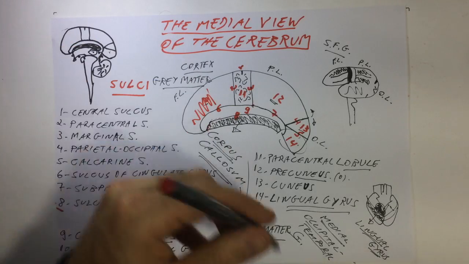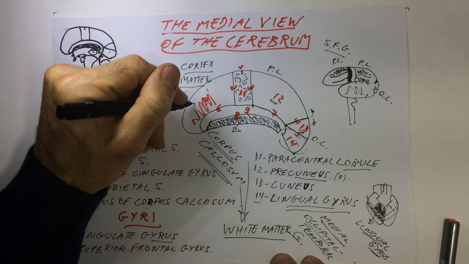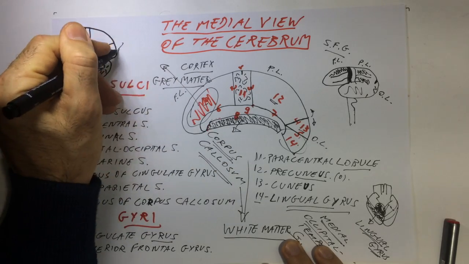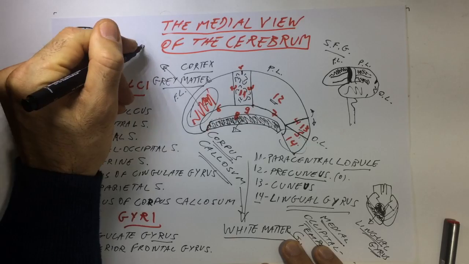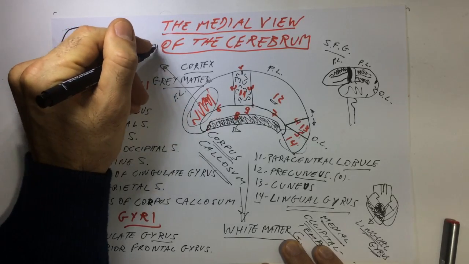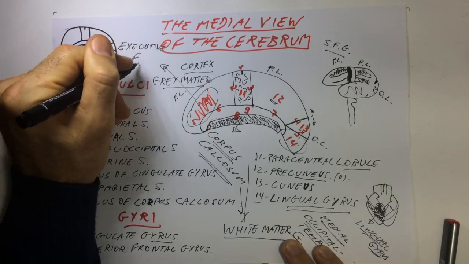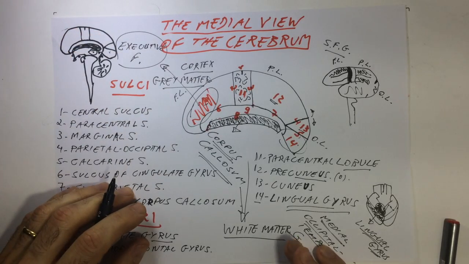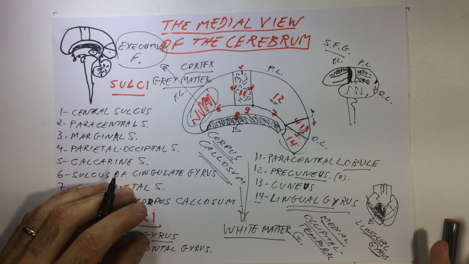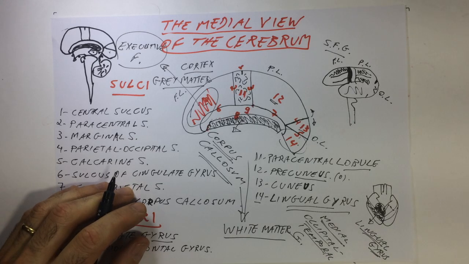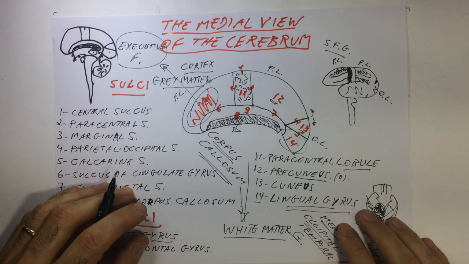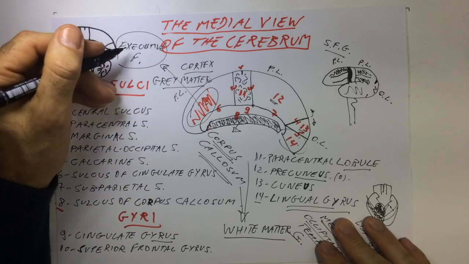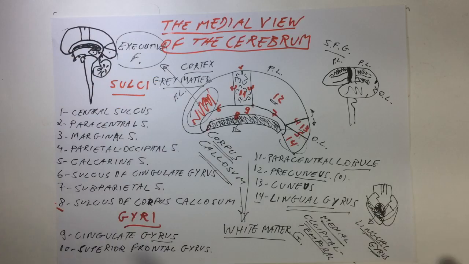So let's write it here. Executive functions. Reasoning, intelligence, problem solving, attention, working memory. Those are some of the executive functions related to this area.